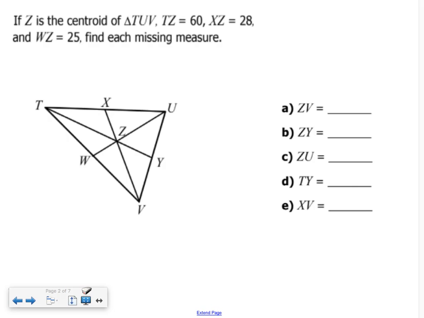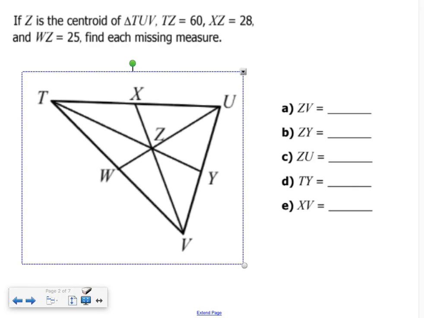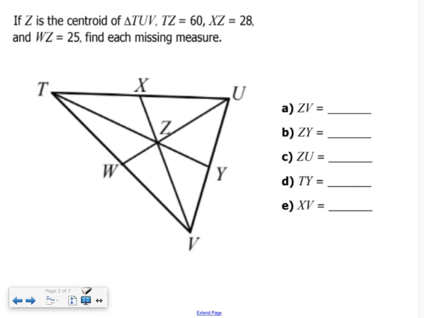Okay, let's try a few. So we're given Z as a centroid and then a bunch of different lengths. So let's plug those in and see what we can come up with. So TZ is 60, XZ is 28, and WZ is 25.